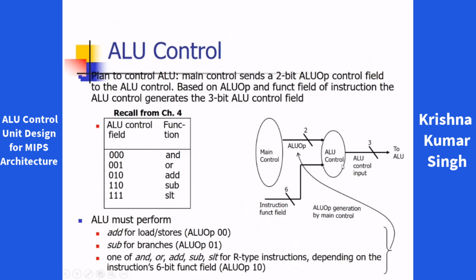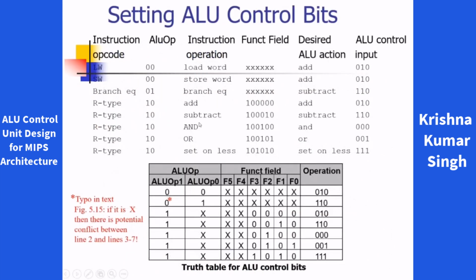So this is the input and this is the output of this ALU control unit. 2 bits come from the control unit, and 6 bits come from the function field of the instruction. We don't have a function field for load word and store word or for the branch, so they only have the ALU operation part: 00 for load word and store word because we want add, and 01 for the branch equal because we want subtract.